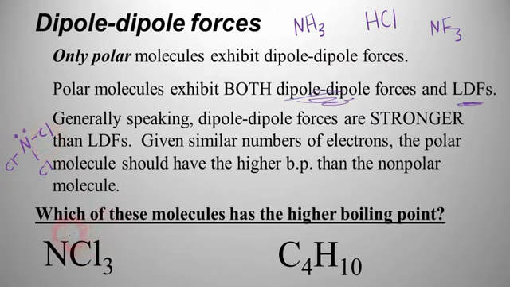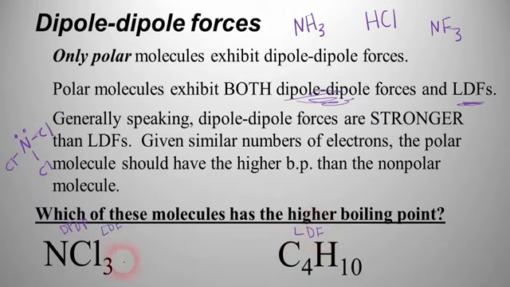And so NCl3 is going to have dipole-dipole forces. It's also going to have LDF. On the other hand, the butane molecule here, C4H10, just has a long chain of carbons and hydrogens. Generally speaking, hydrocarbons with just carbons and hydrogens in them will be nonpolar. And so this has only dispersion forces.